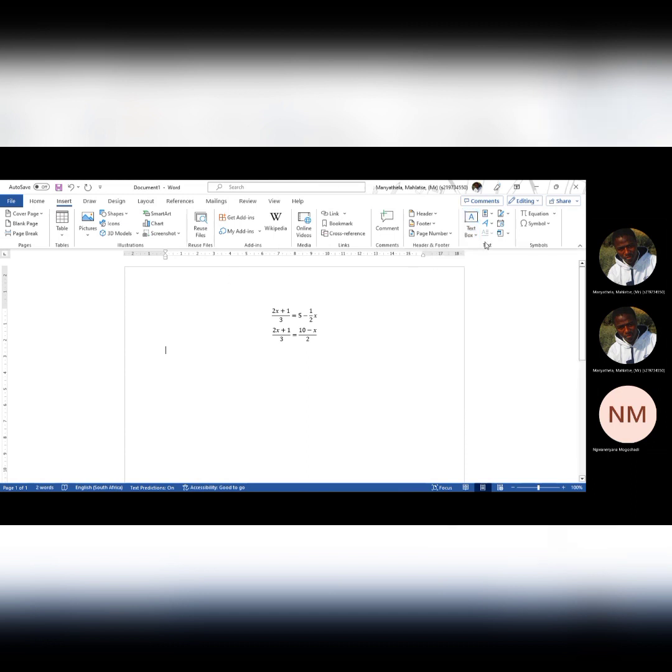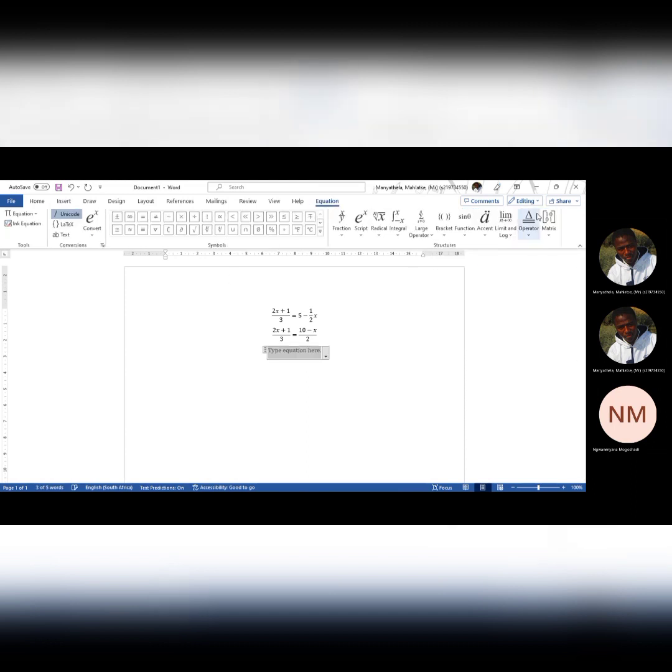So we have 2 into 2x plus 1, equal to 3 into 10 subtract x.